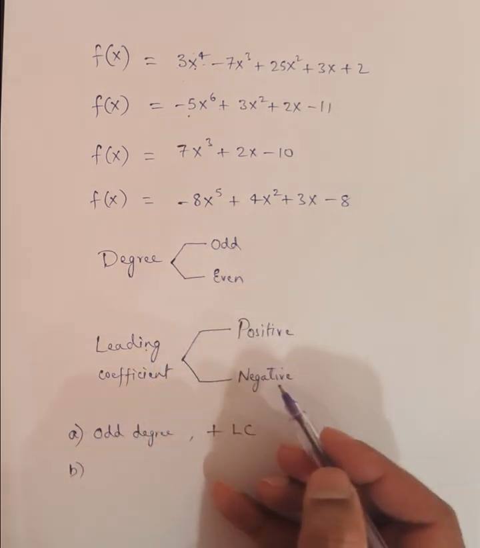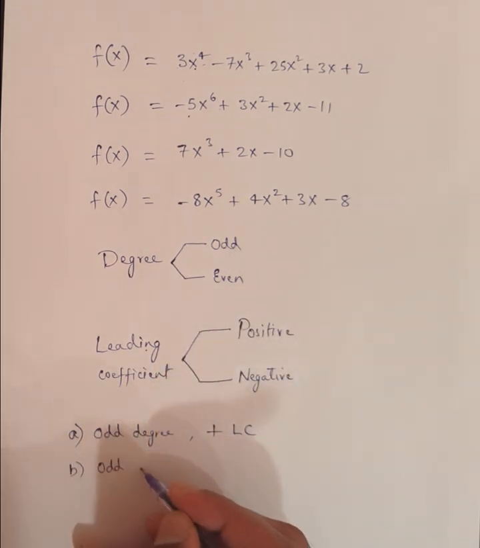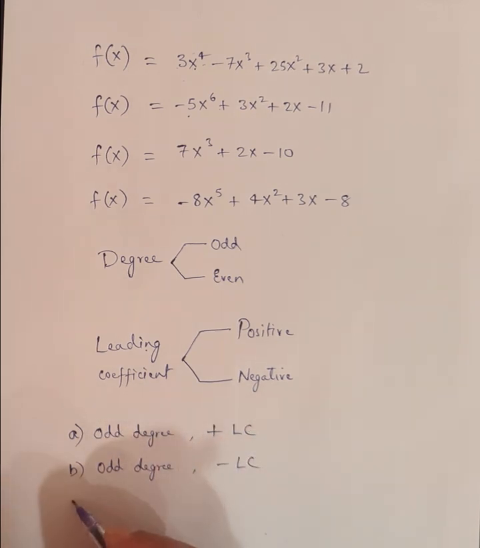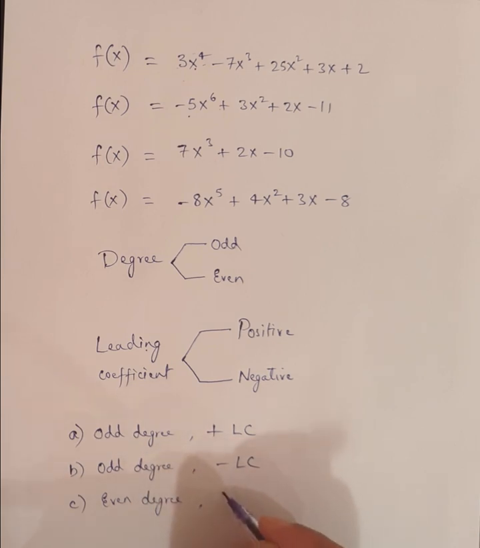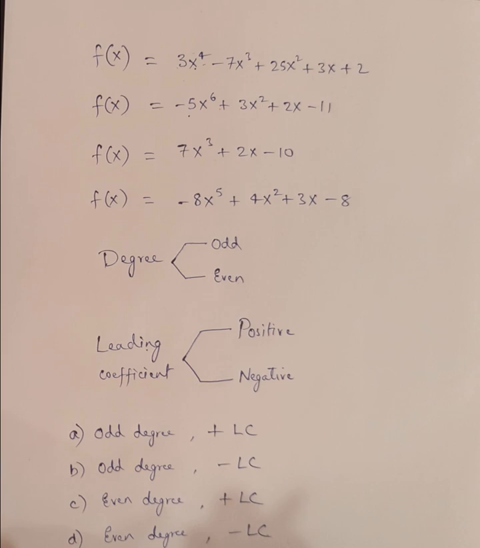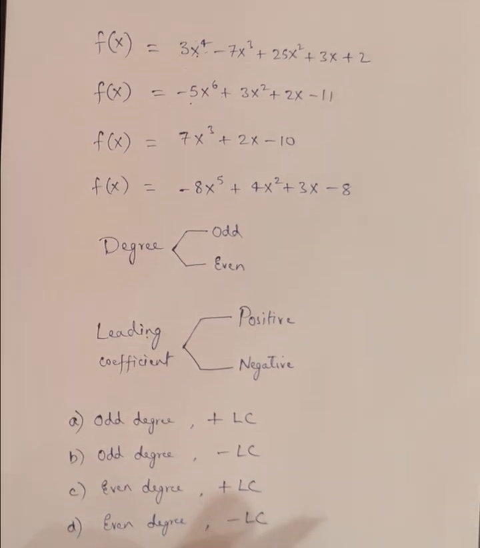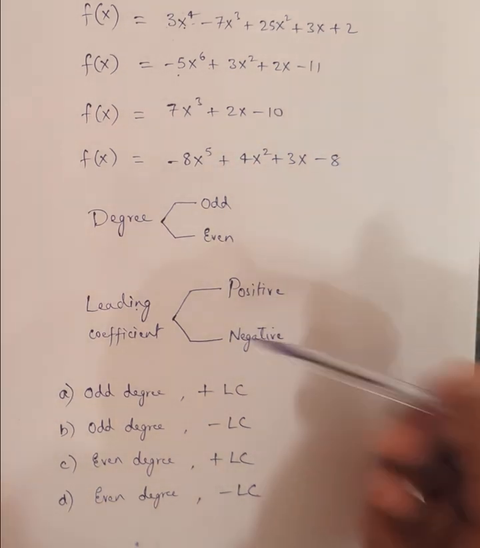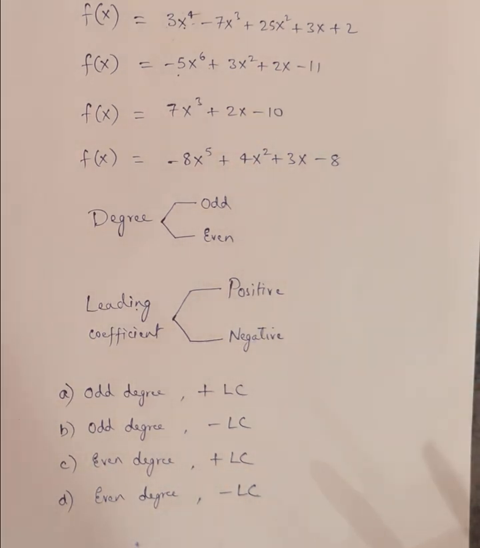Or you could have odd degree and negative leading coefficient, or even degree and positive leading coefficient, or even degree and negative leading coefficient. So there are these four categories based on degree and the sign of the leading coefficient.